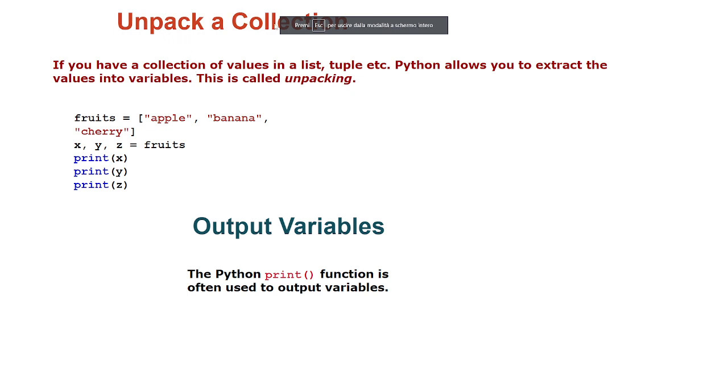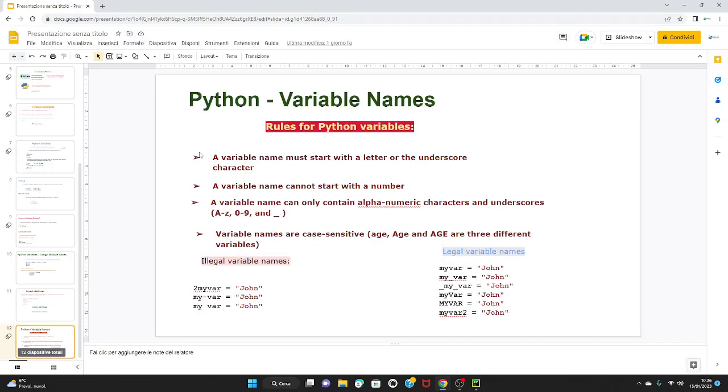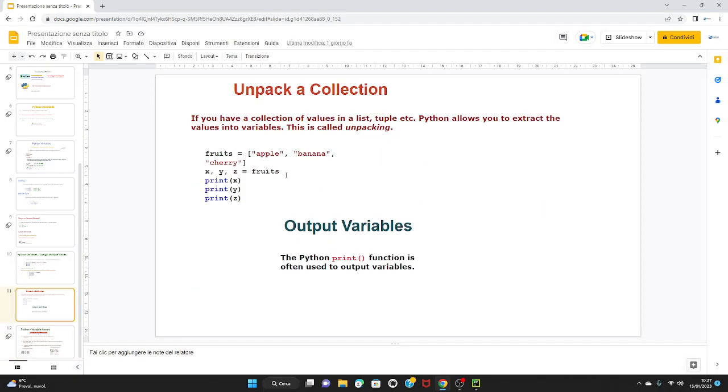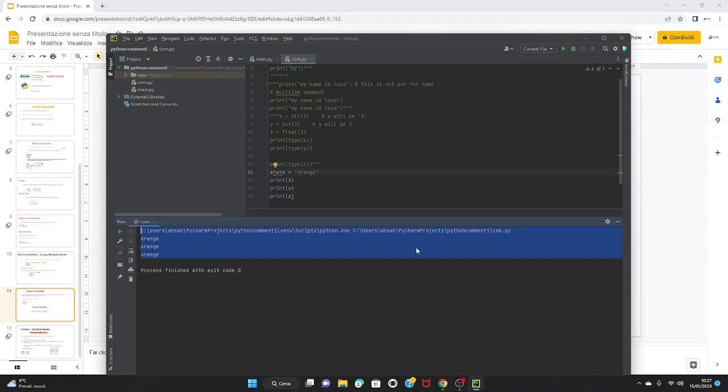Okay, next exercise, unpack a collection. If you have a collection of values in a list or tuple, Python allows you to extract the values into variables. This is called unpacking. Fruits: apple, banana, cherry, assigned to x, y, z. Let's take an example for this.